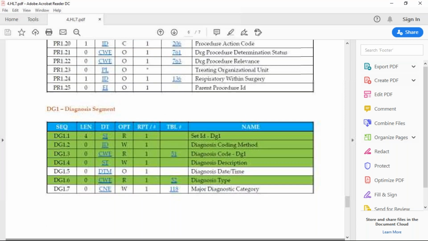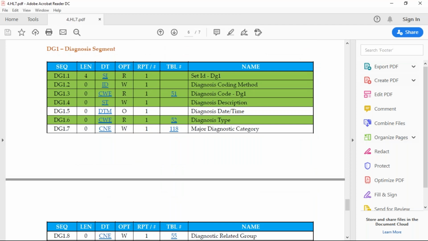Now let us jump to the next segment, which is the DG1 segment. DG1 is the diagnosis segment where we'll be communicating diagnosis related information. Usually FT1.19 is the location where we'll send this information, but in case you're sending a DG1 segment in the message, then we'll be sending it here.